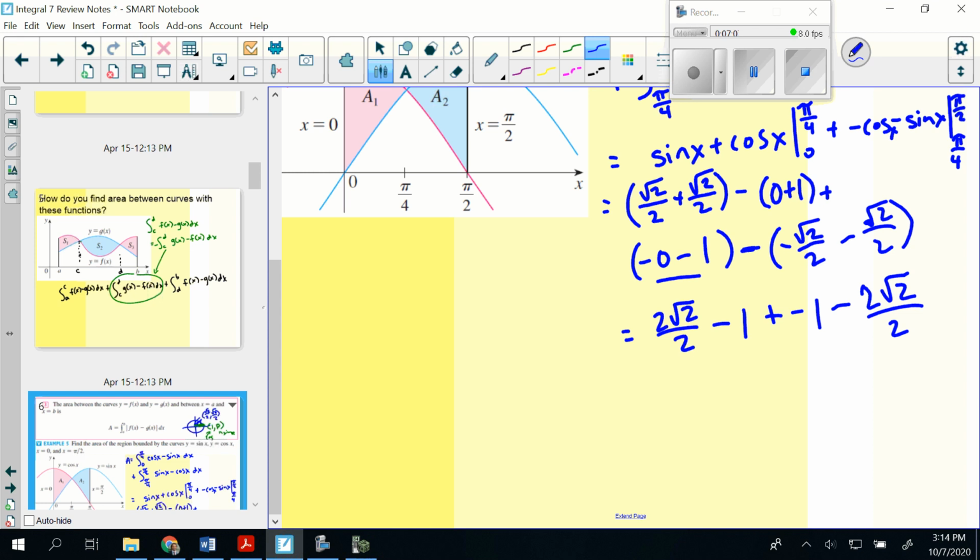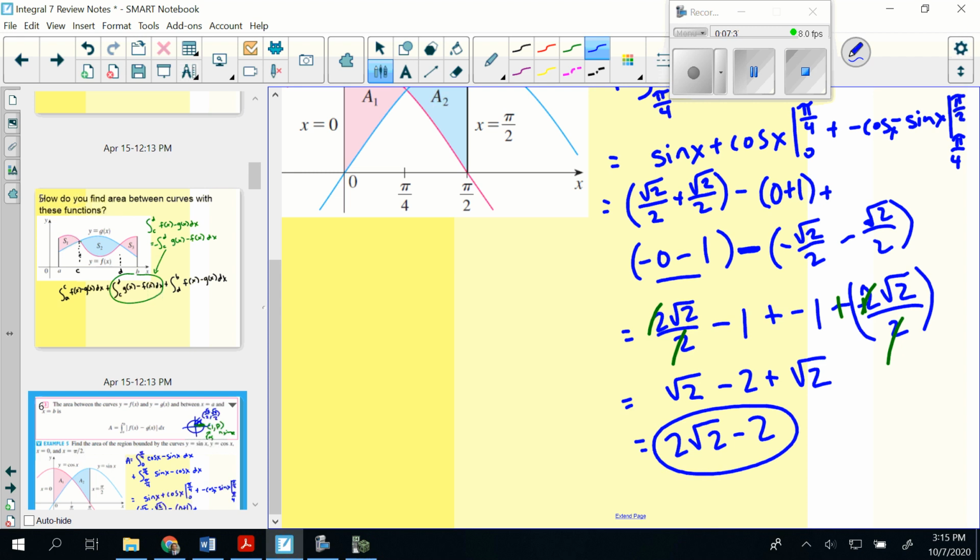It's minus that negative value. So I forgot. When we double slash this, this is going to end up being plus. These 2s should cancel. And yep, so we get square root of 2 minus 2 plus a square root of 2 here. So the final answer looks like 2 square root of 2 minus 2. That would be the exact answer.